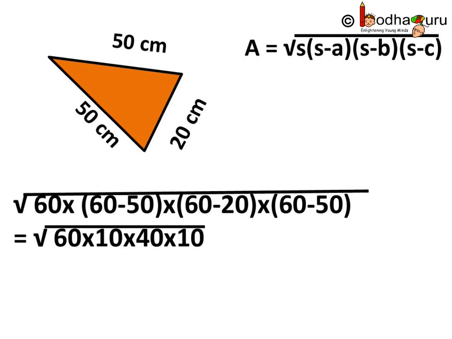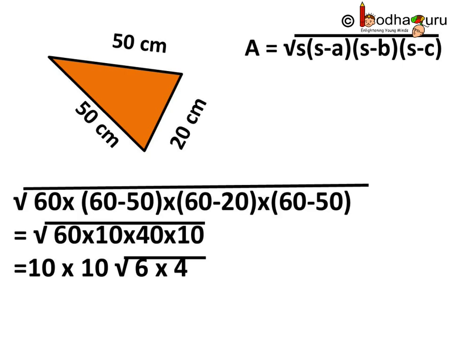This could be further simplified. 60 minus 50 is 10, 60 minus 20 is 40, 60 minus 50 is 10. So, we say A is equal to square root of 60 multiplied by 10 multiplied by 40 multiplied by 10.